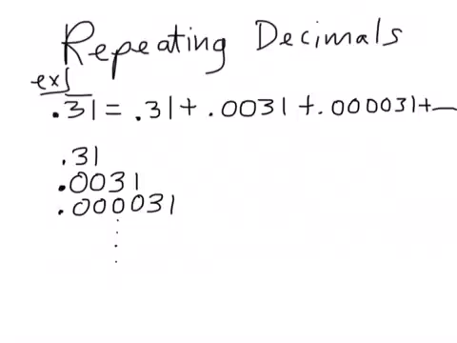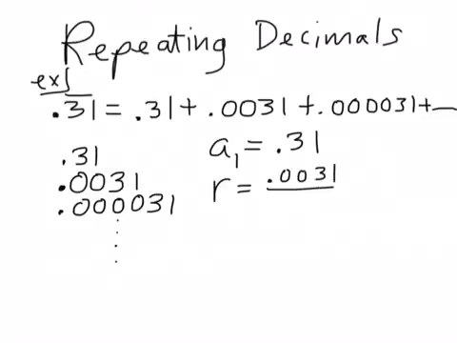So in this case, the A1 value, the starting value, is 0.31, and the ratio, well, we'll just take the second number, which is 0.0031, and divide it by 0.31, and from that we get 0.01.